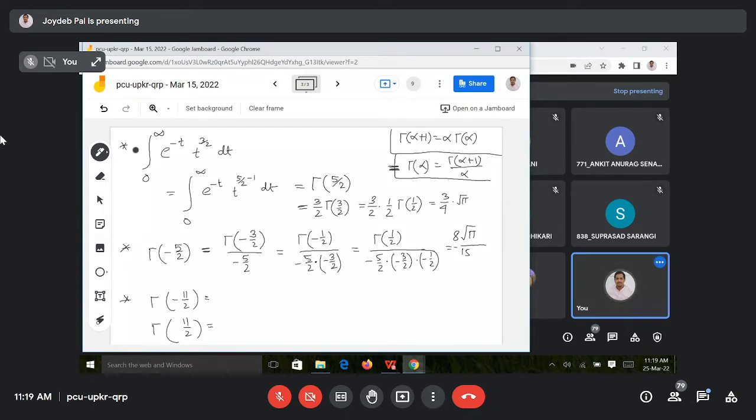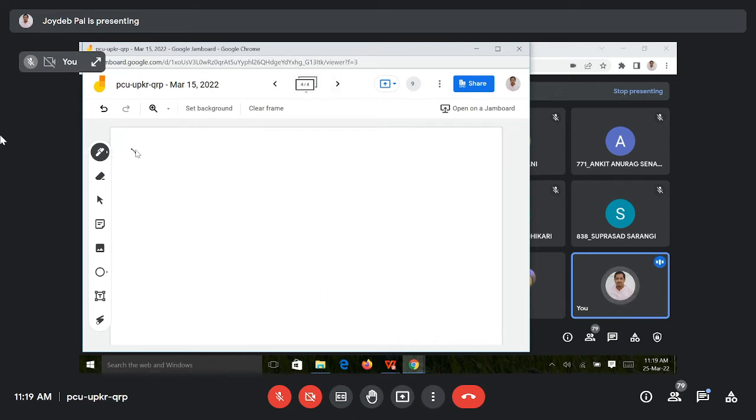To get a proper value, alpha should be of the form something by 2. If I ask to find gamma of 2 by 3, it will be difficult, because we don't know how to find gamma of 2 by 3. There is no proper formula.